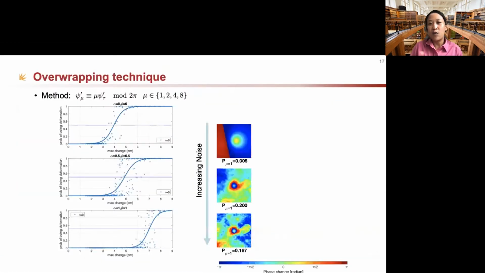To overcome the slow deformation, we proposed a rewrapping technique to increase the number of fringes. Here, phi represents the phase, and we multiply this phase with some gains and rewrap it back to -pi to pi. The left column is the original wrapped interferogram with different levels of noise. The higher noise means it's more difficult to detect the deformation signal.